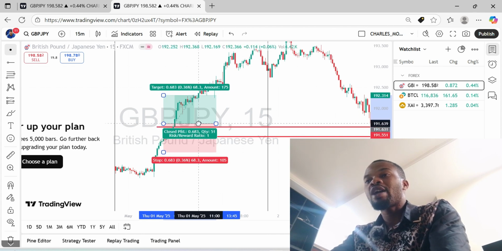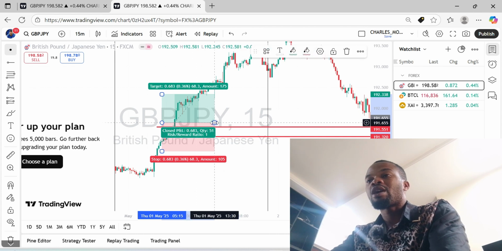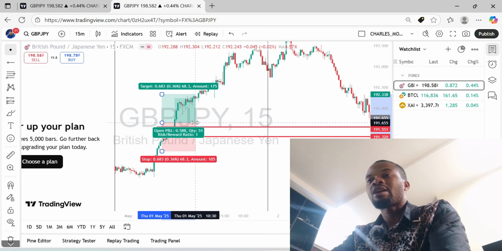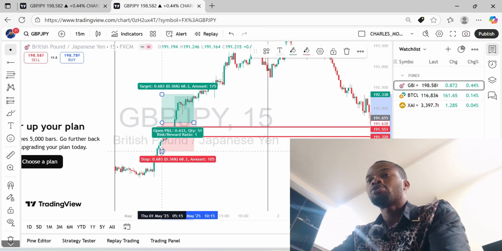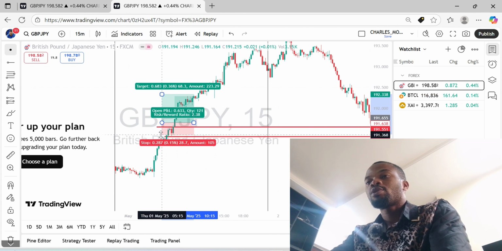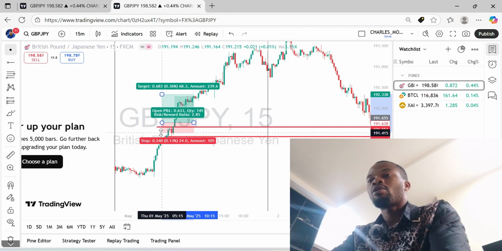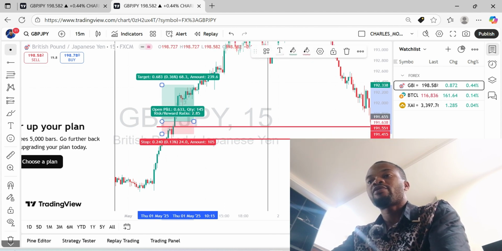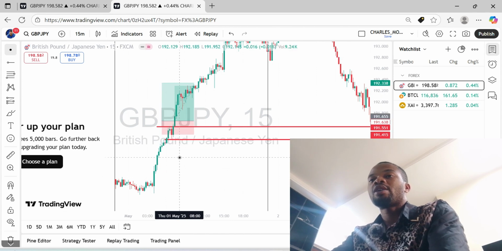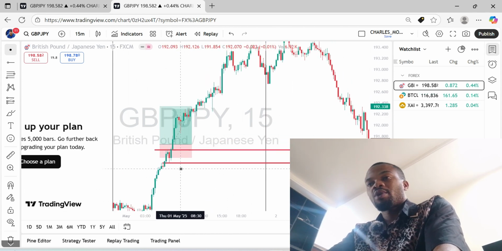Any angle of this candle, that will be my buy. That will be my entry zone, with my 20 pips or 25 pips stop loss, the two stop loss pips I normally use.